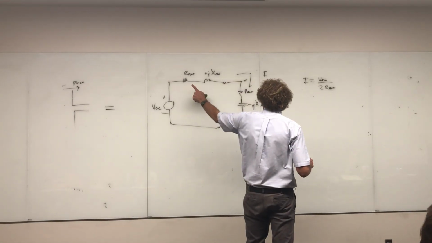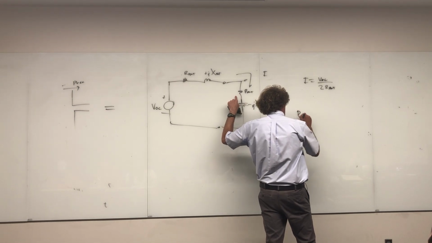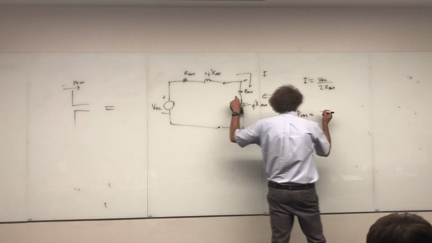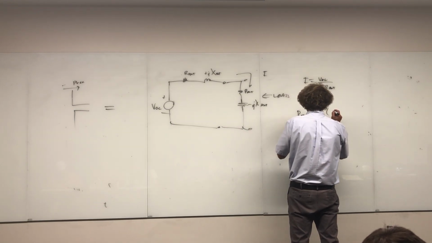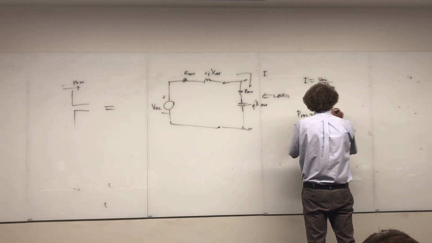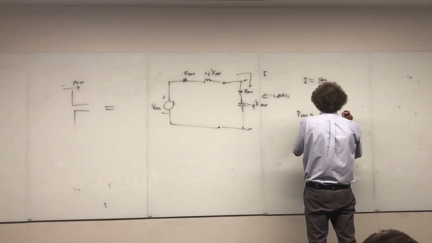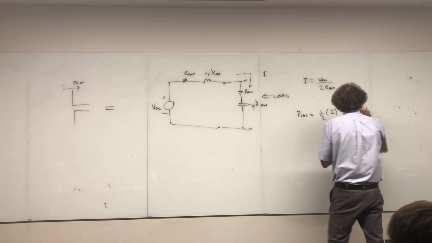Well, I have 2 resistors, right? So the power received would be equal to 1/2 times I squared times the resistance, which would be, in this case, 2R, or 2R antenna.